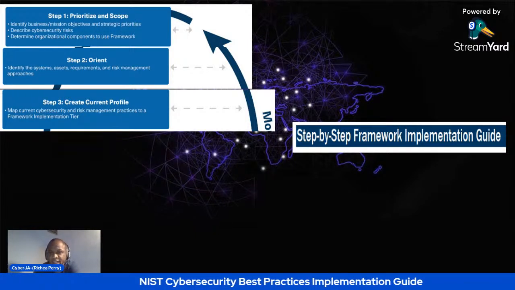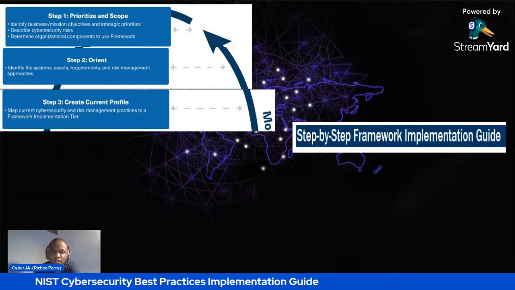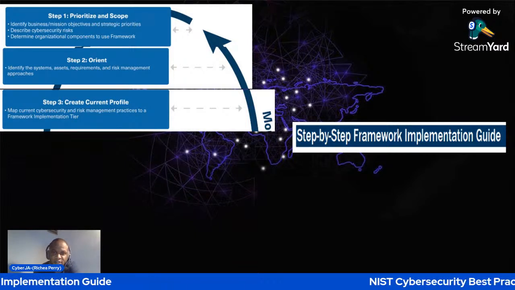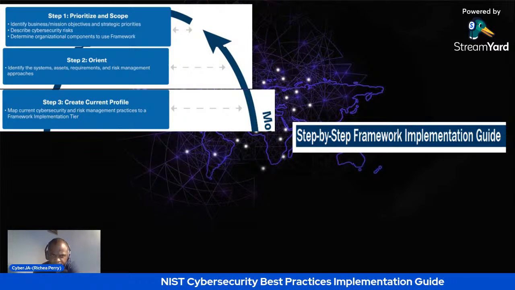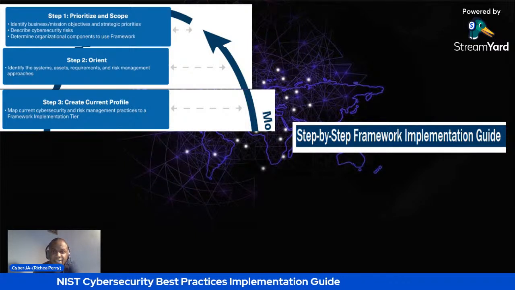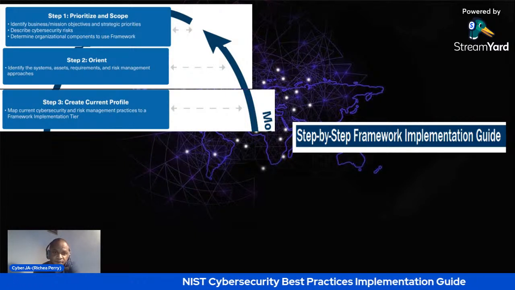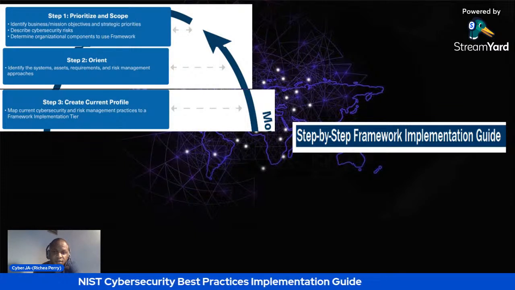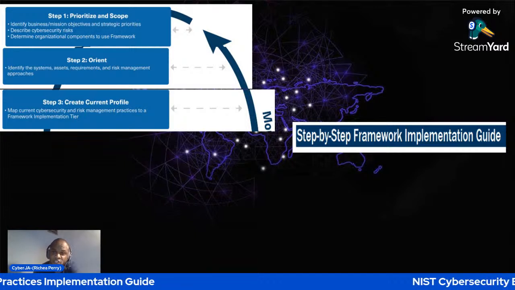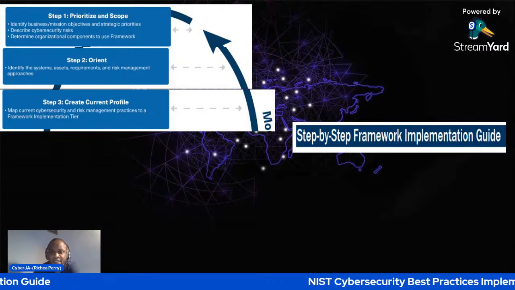And the purpose of identifying a current profile is not only to develop a map between organizational practices and category and subcategory outcomes, but also to help in understanding the extent to which practices achieve the outcomes outlined by the framework. To identify the current profile, organizations may use an evaluation approach, for example, self-evaluation or a facilitated approach.